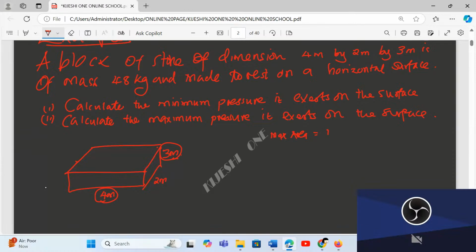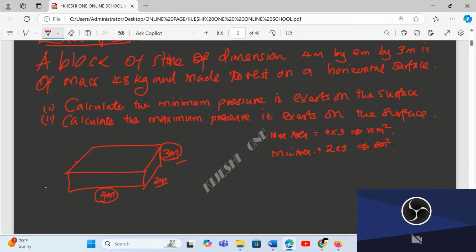That is 12 square meters. Then we have our minimum area, which will be 2 by 3. And this one will lead us to 6 square meters.